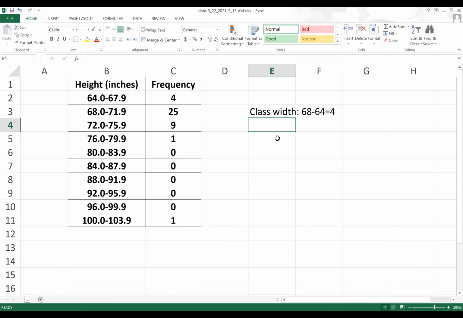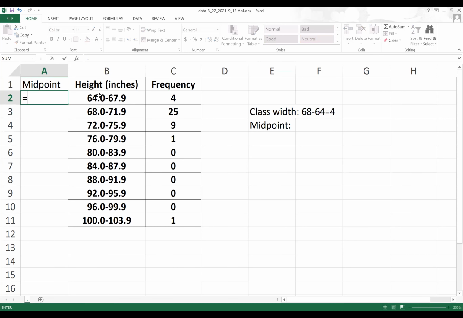Now we start with the class midpoint. So the first class midpoint, I'll do it here. The midpoint is basically the average of those two numbers.